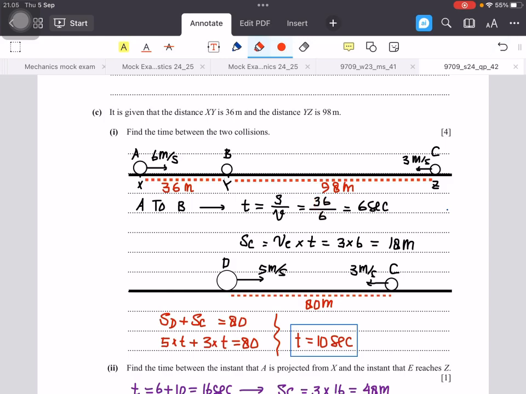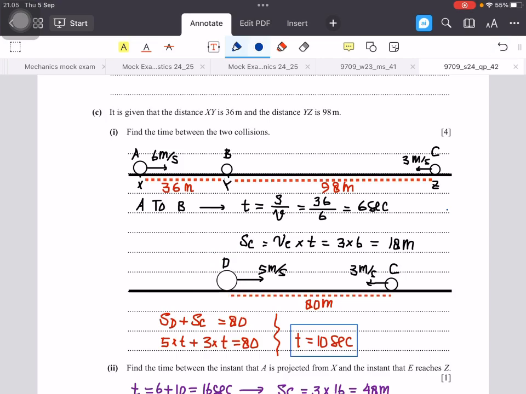And then during these 6 seconds, C moves 3 times 6, equal to 18 meters to the left. So now we draw a new diagram, this one. Now A and B collide.